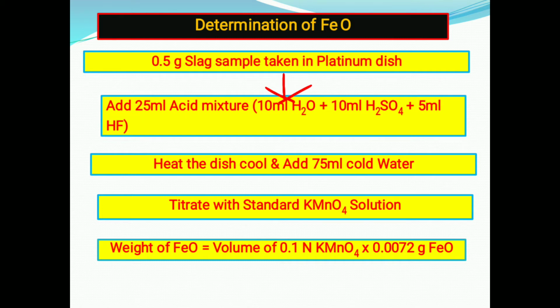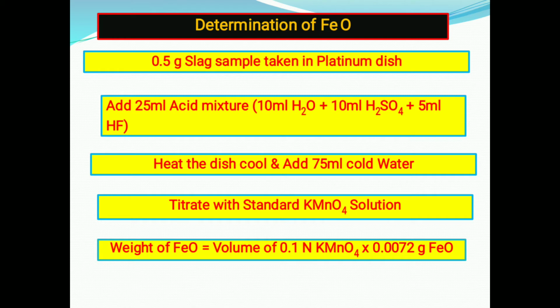What is the acid mixture here? It is a mixture of 10 ml water, 10 ml sulfuric acid, and 5 ml HF. So you need to add this acid mixture to the slag sample. After that, heat the dish, cool it, then add 75 ml cold water.